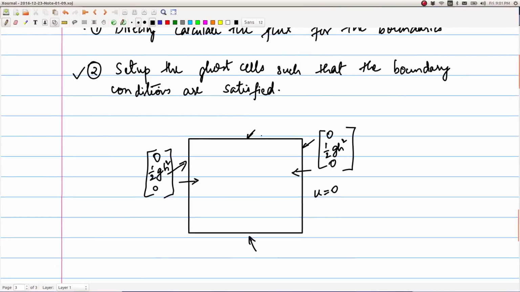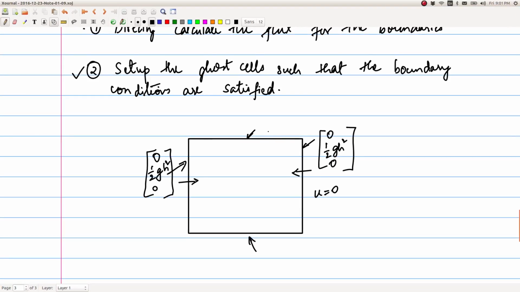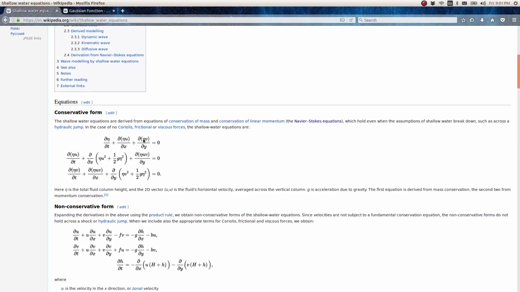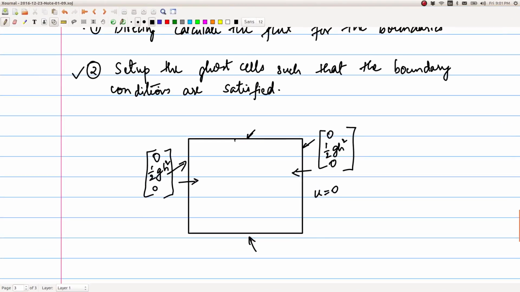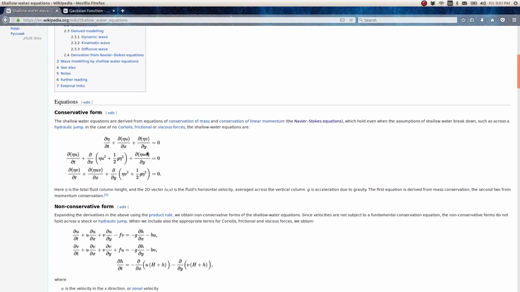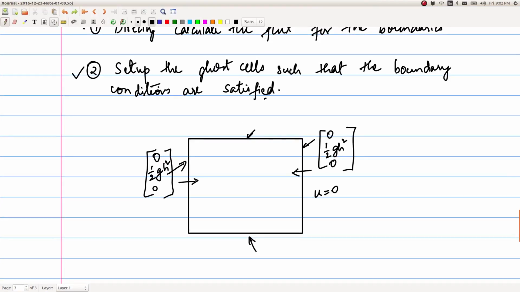For the horizontal walls, the y component is equal to 1, that is ny is equal to 1 and nx is equal to 0. So only the G vector is important there. In this particular case the normal component is 0, so v is 0, and therefore this is going to be equal to 0, this is going to be equal to 0, this is going to be equal to 0, and we will be left with half g h squared as the third component.